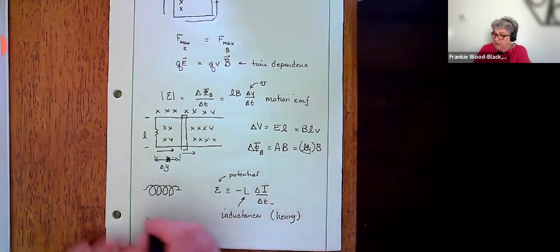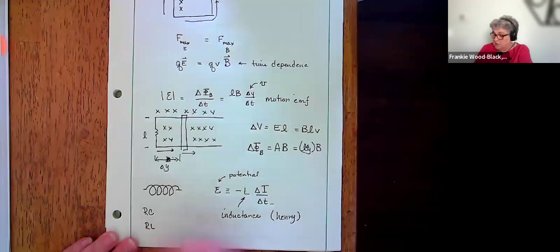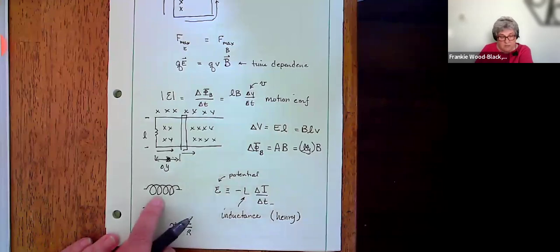Just like, if I remember, when we did RC circuits, I can do RL circuits. But my time dependence for an RL circuit is going to be L over R. But it's going to charge or it's going to hold energy just like my capacitor does. So these hold energy just like your capacitors do.